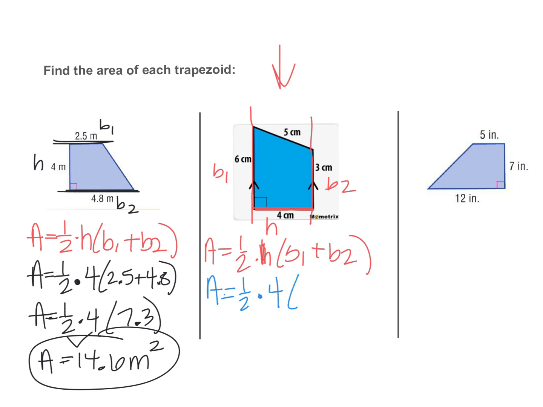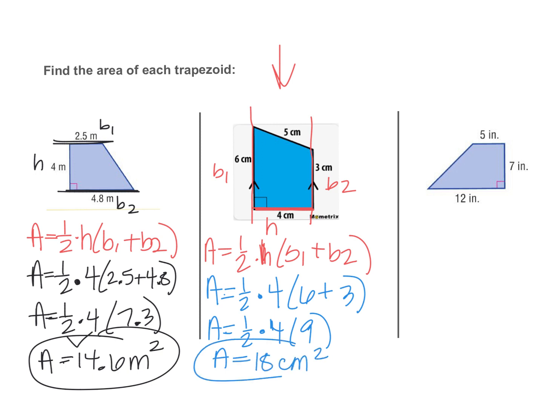And then my base 1 is 6. My base 2 is 3. So let's rewrite this. 1/2 times 4 times 9. I know that 1/2 times 4 is 2 times 9 is 18. So area would be 18 centimeters squared.